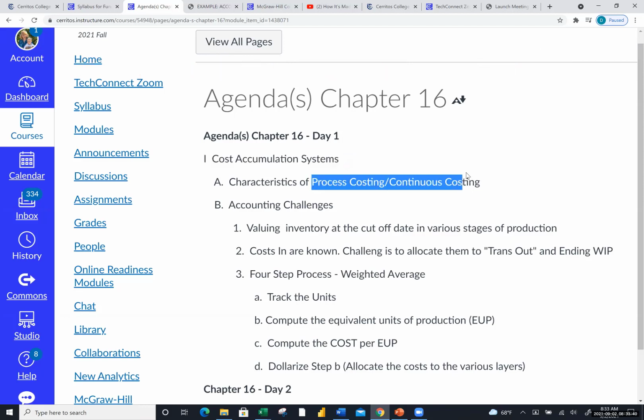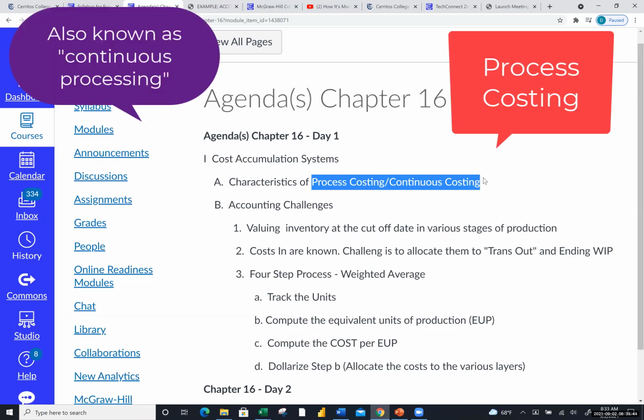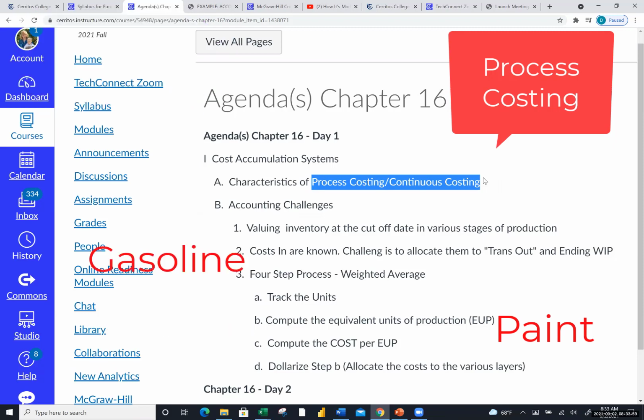It's called process costing. Sometimes you'll hear it referred to as continuous costing. I think that's even a better term because you're just cranking out, you're manufacturing something all day long. Tends to be used for pharmaceuticals, gasoline, paint, lots of chemical related type things where they're just processing all day long.